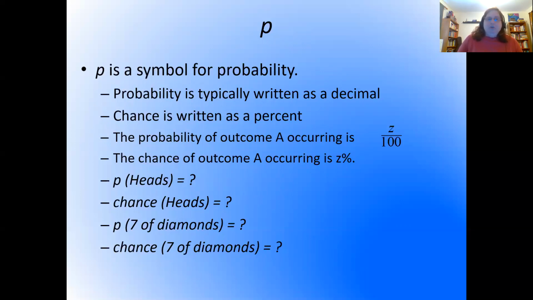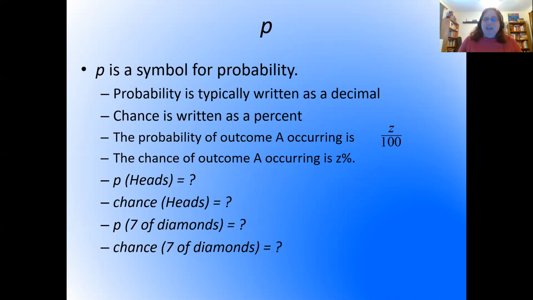Okay, so given that, let's go through a couple more examples. What's the probability of getting a heads on a two-sided fair coin? Well, this is one we already talked about. And the probability of getting a heads is 0.5, right? 0.5 or half.